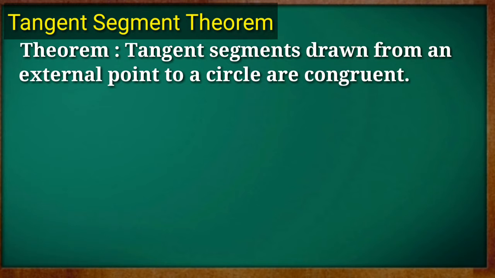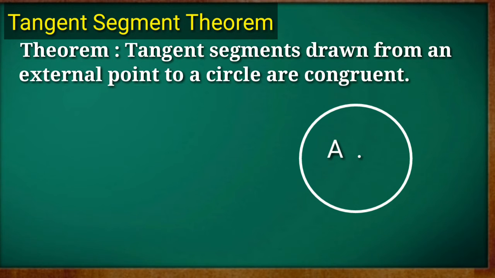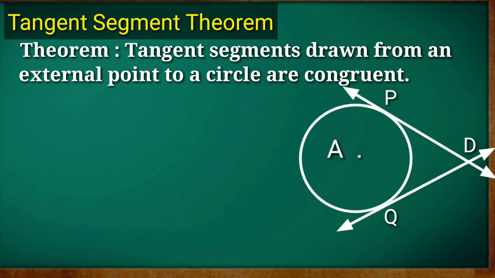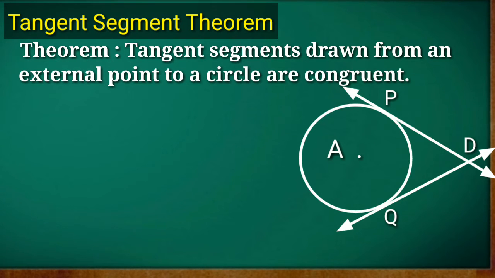We know that two tangents can be drawn to a circle from the point outside the circle. In the figure, line DP and line DQ touch the circle at points P and Q respectively. Here, segment DP and segment DQ are called tangent segments.